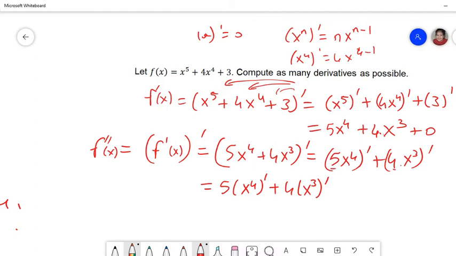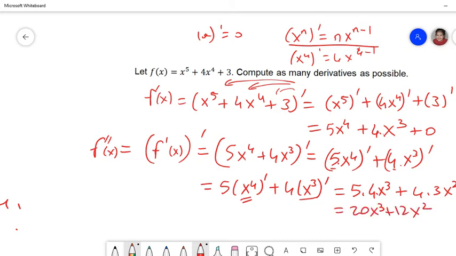The 5 and 4 are multiplied, they're constants, the coefficient, so they're not affected by the derivative. So 5 times 4x cubed, using the rule we did earlier. And then if you take the derivative again, it will be 4 times 3x squared. So this turns out to be 20x cubed plus 12x squared.